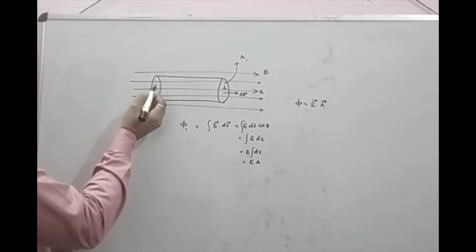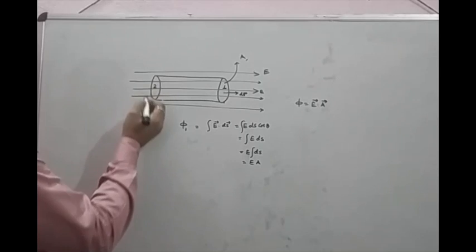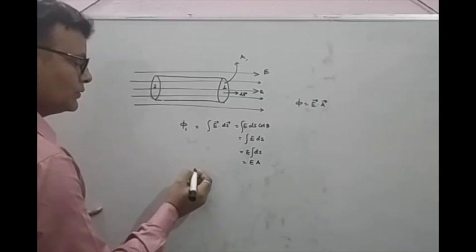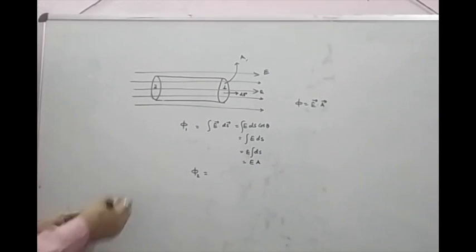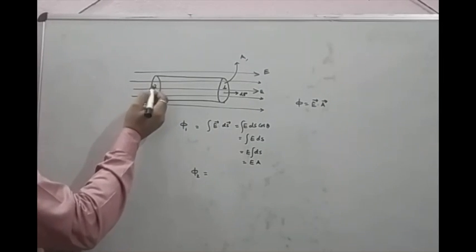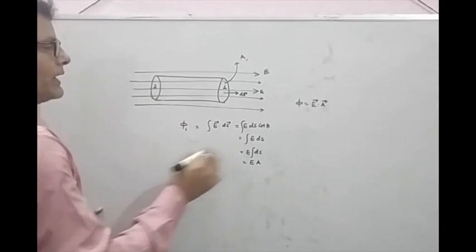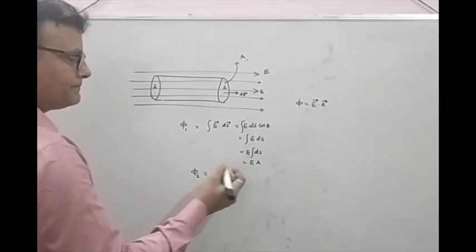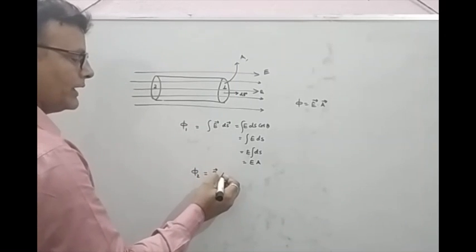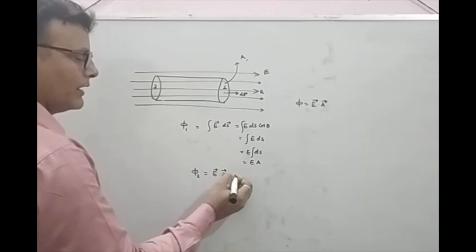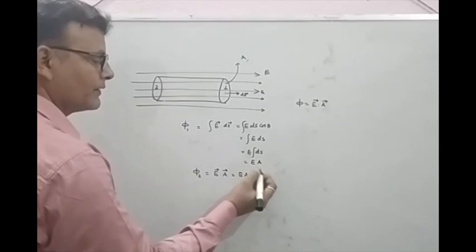Now for surface 2, flux through the surface 2, phi 2 is given by, since it is a plane surface and placed in uniform electric field, we can directly use this formula. Phi is equal to E dot A vector, which is equal to E A cos theta.